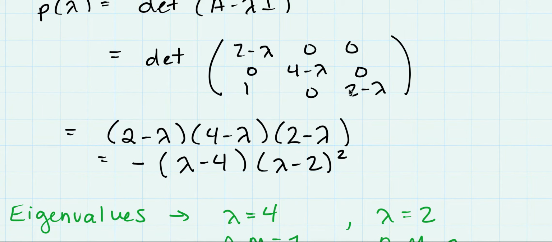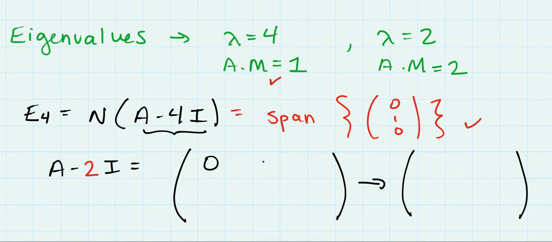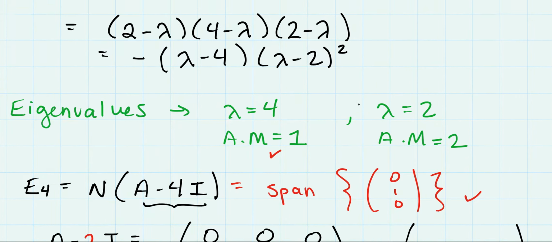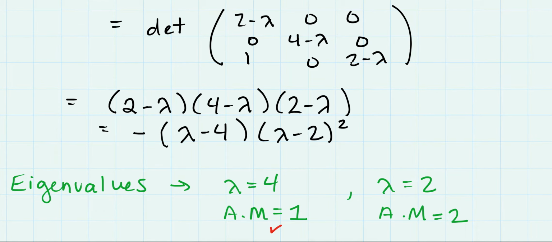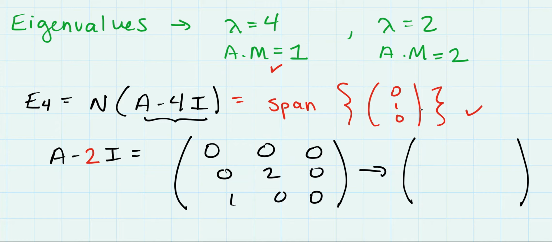You can see that I get a 0, a 2, and a 0. That should be a 0. Let's just double check I didn't mess up. Okay. And now let's put this in reduced row echelon form.